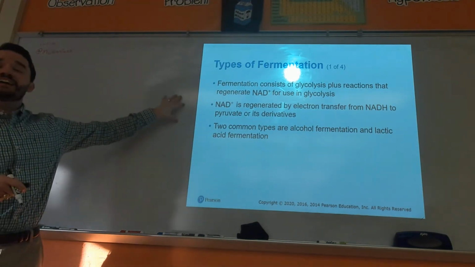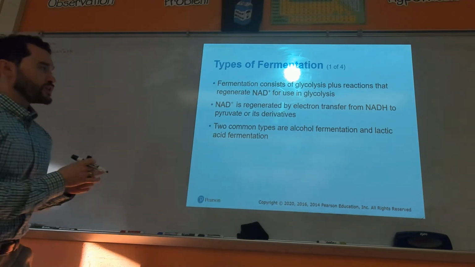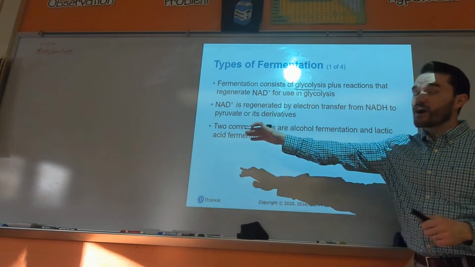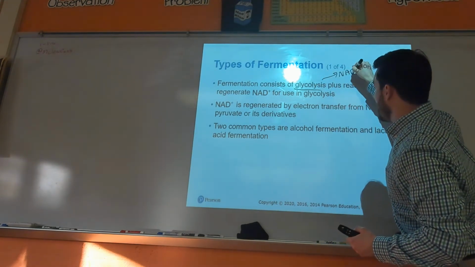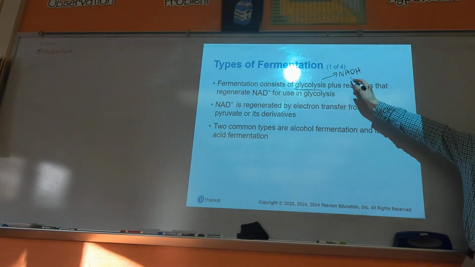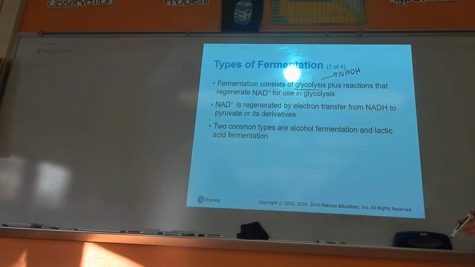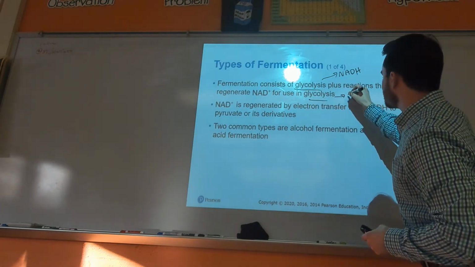All right. So the idea here is, remember, cellular respiration was all about those electron carriers. You still need the electron carriers in fermentation. So when you do glycolysis, you still do glycolysis in fermentation, you will make the NADH, right? If it's normal cellular respiration and you have oxygen present, that NADH would travel to the electron transport chain. But if you don't have oxygen, you can't have the electron transport chain functioning. During glycolysis, you will make 2 ATP.